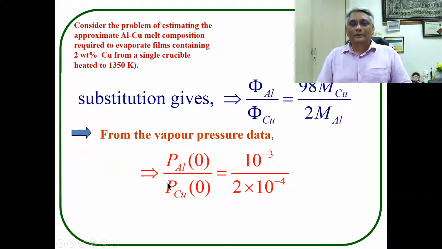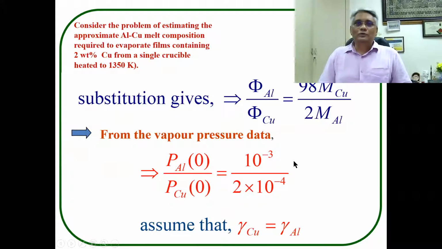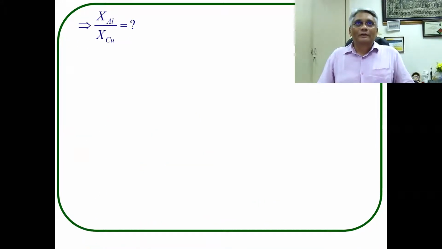So you have those parameters in place. Let's assume for simplicity that the activity coefficients are the same for copper and aluminum, so gamma Cu is equal to gamma Al. Then what is this ratio is a question to calculate.